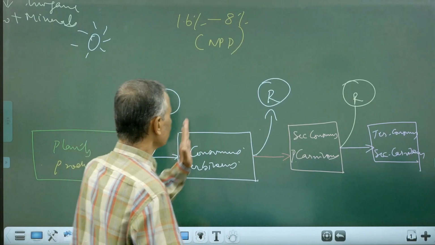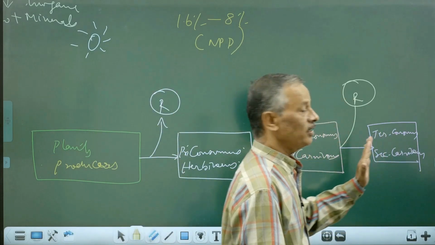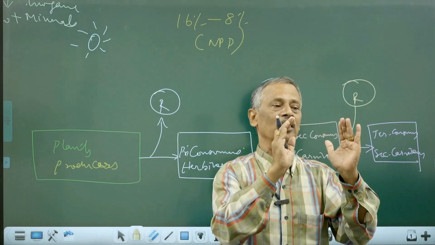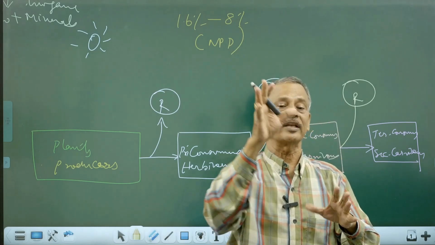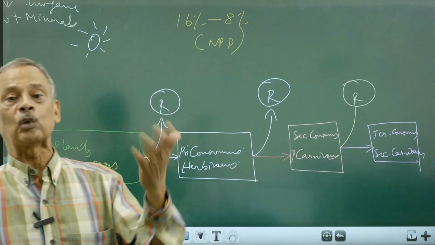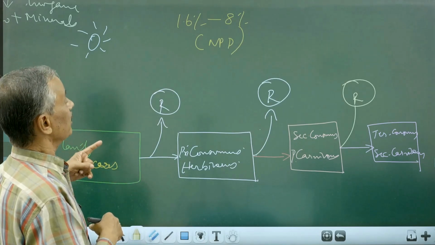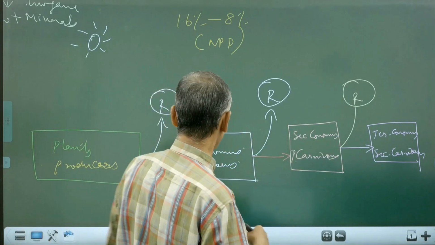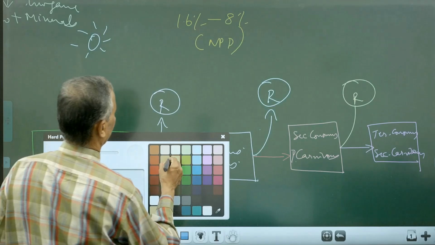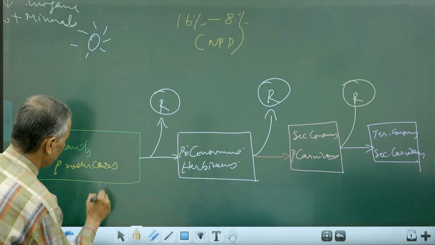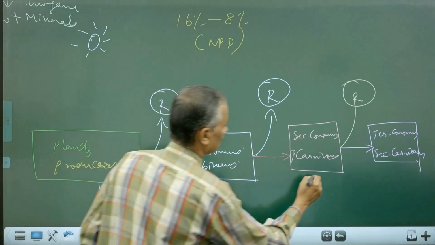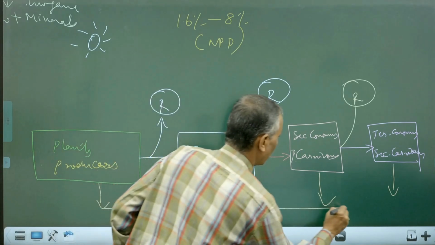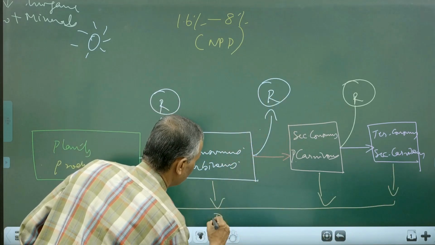So, energy goes on decreasing. This is why I have drawn smaller boxes. The boxes become comparatively smaller because energy goes on decreasing. What happens to energy? Energy is utilized. And what little energy is remaining in the body of plants, primary consumers, secondary consumers, etc., when they die, their body becomes detritus and becomes available for eating by the detritivores.